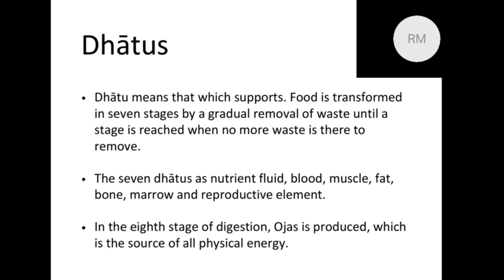So we cannot say that they are strictly tissues in modern terms, but they may correspond to specific tissues. So the 7 dhatus, which are 7 stages in digestion and assimilation, are nutrient fluid, blood, muscle, fat, bone, marrow, and reproductive elements.